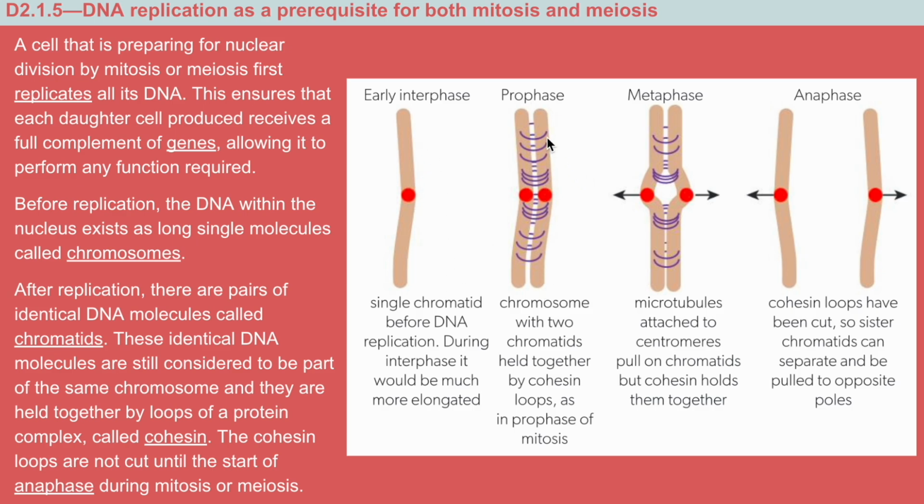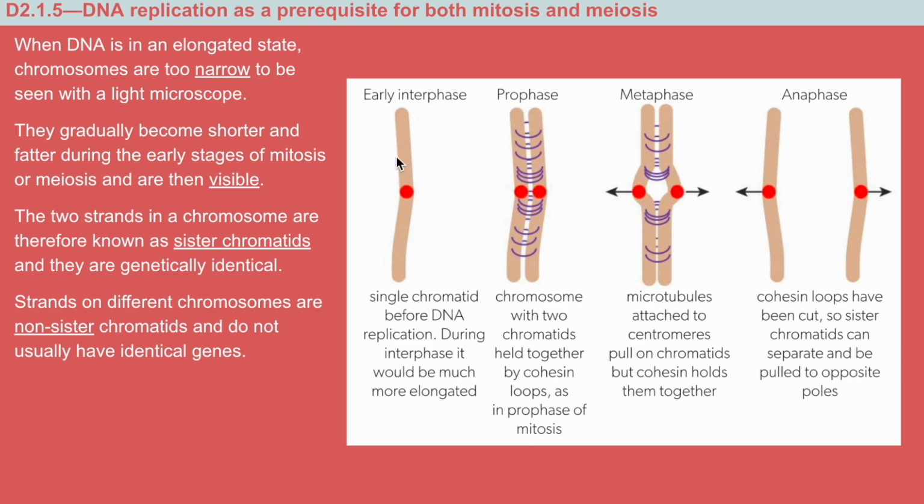This is an identical copy. And when mitosis or meiosis occurs, meiosis 2 specifically, we're going to see those sister chromatids pulled apart, and we then call them chromosomes again. But we can see here these cohesin loops that are going to be split and cut in order for that splitting of sister chromatids to occur.